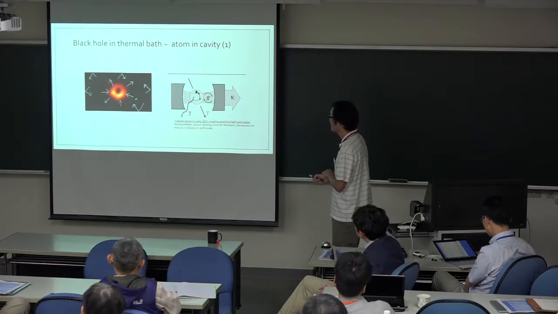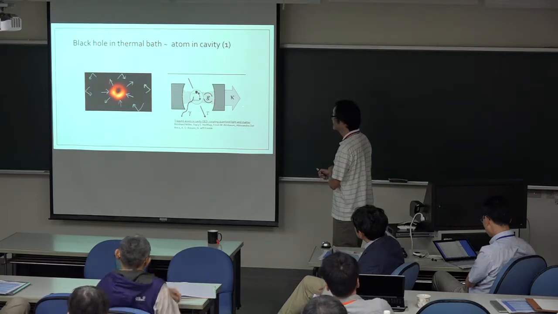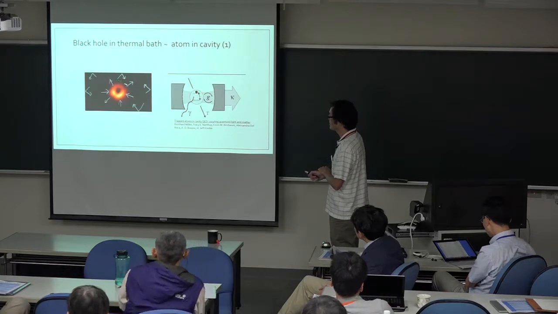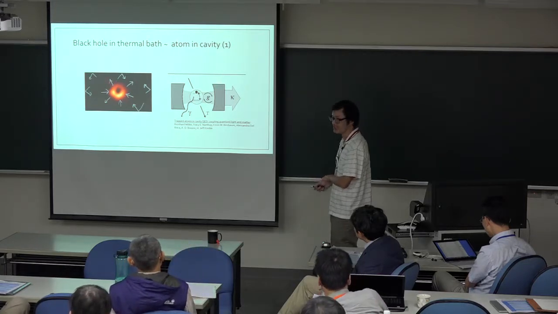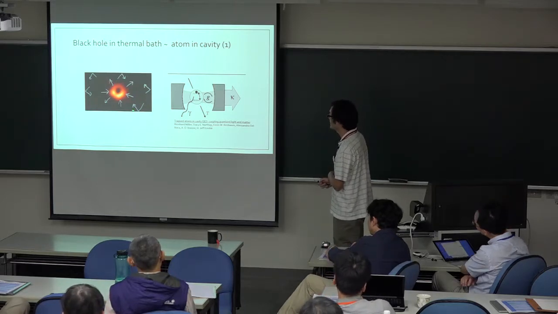So we have a cavity, just like a mirror, so the photon can be bounced back for a while before it leaks out. In this case, I have a well-prepared black hole state I can study. That's just a cartoon picture, but that's a beginning.